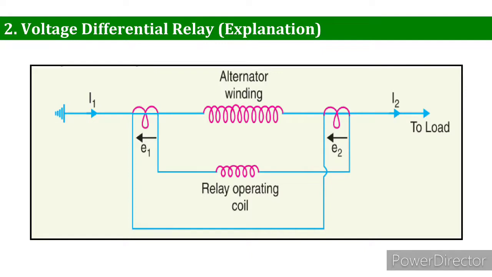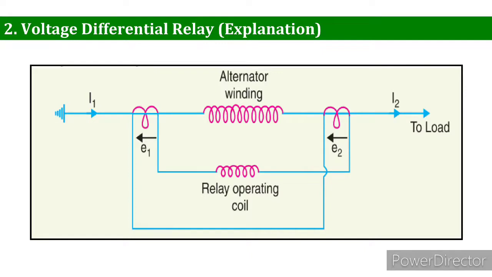This voltage difference will cause a current to flow through the operating coil of the relay, ultimately closing the trip circuit. So this is very simple and easy to understand, the operation of the voltage balance differential relay, and you can just see this figure and you will understand the whole picture.